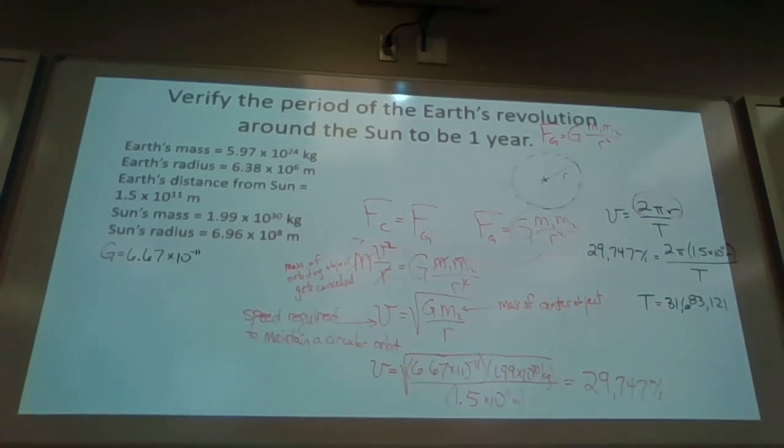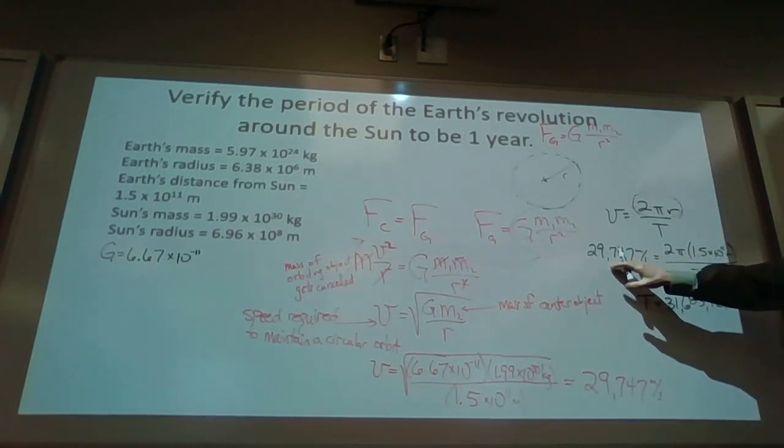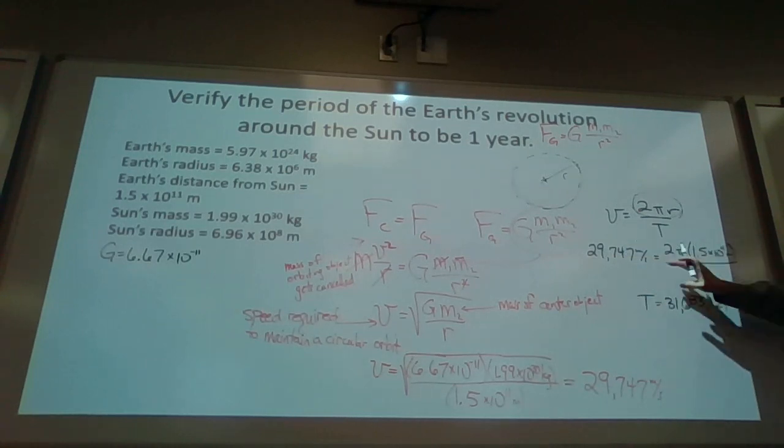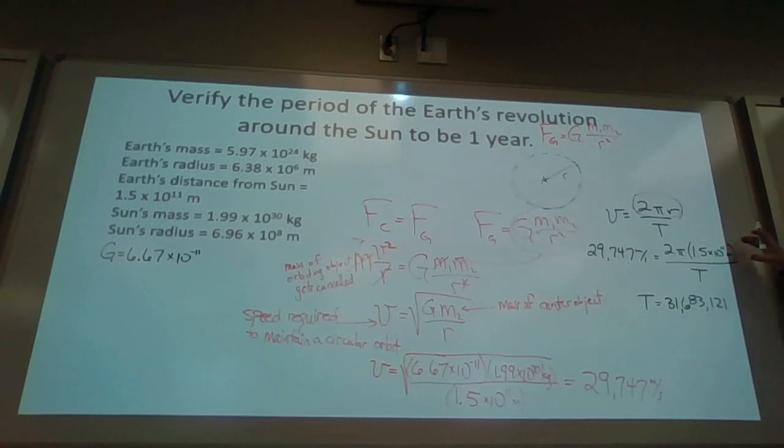Sorry. Okay. If you didn't get this, here's the popular error. What you did was you took 29,747 and you divided it by 2 pi times 1.5 times 10 to the 11th. That gets T over here by itself, yes, but that's 1 over T. So that's a very popular error.